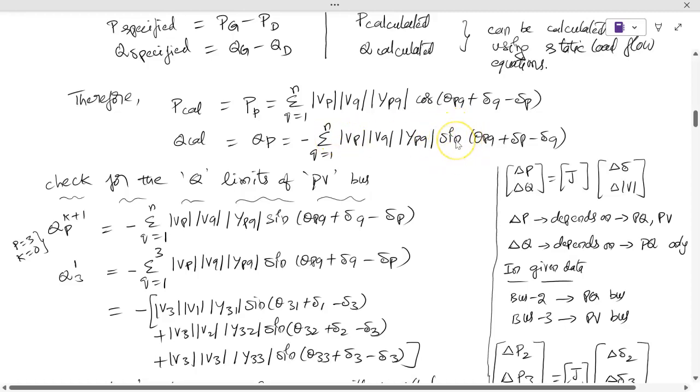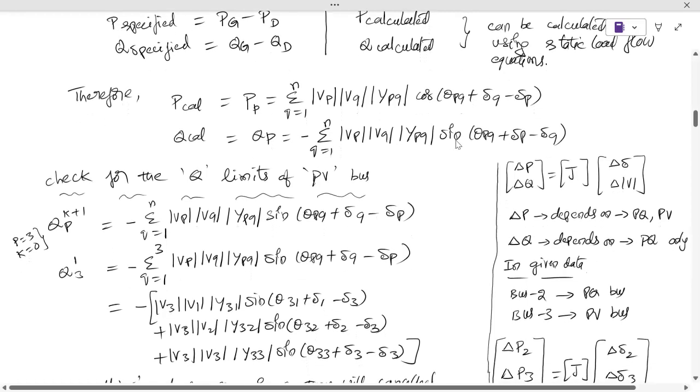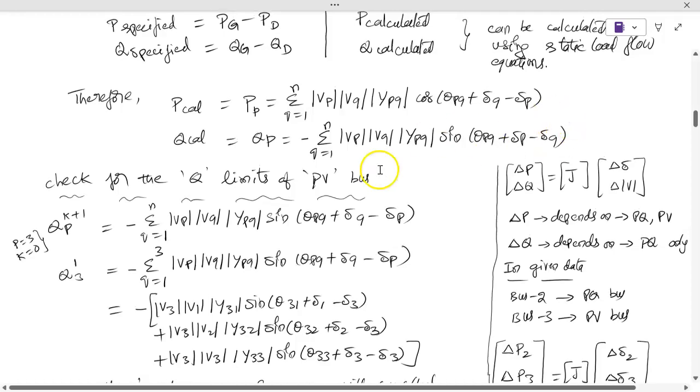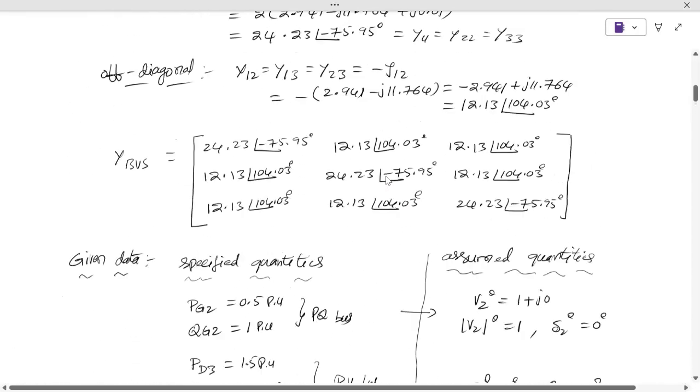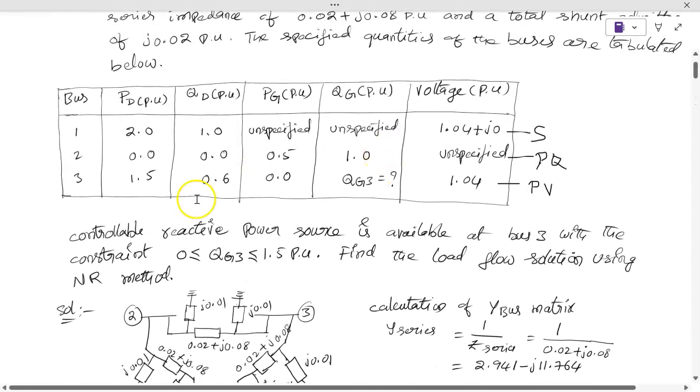Remaining everything is the same. Now, before going to calculate delta P and delta Q, and the P calculated and Q calculated values, they have given one condition, a checkpoint for the reactive power.